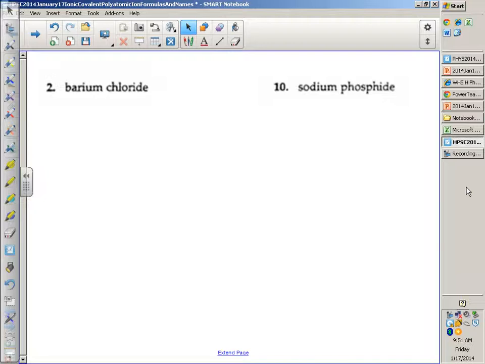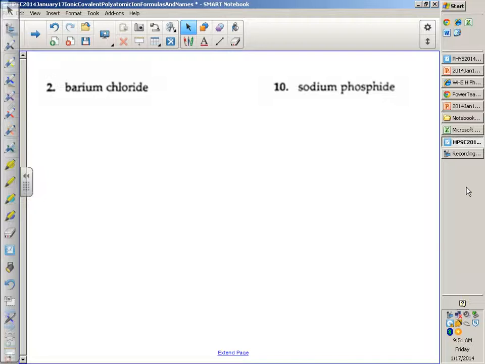Here are 2 names. Write me the formulas. Yes.